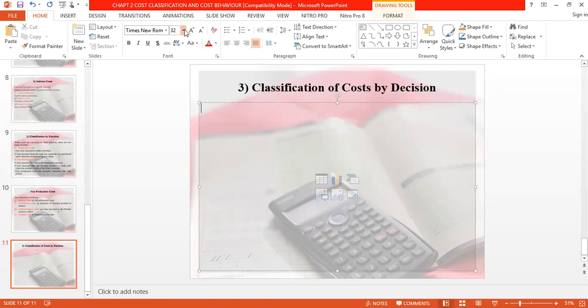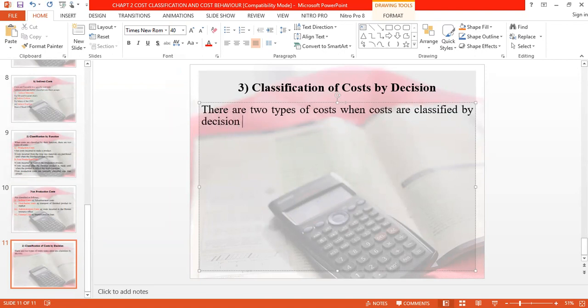In this case, when costs are classified by decision made, there are two types of costs.